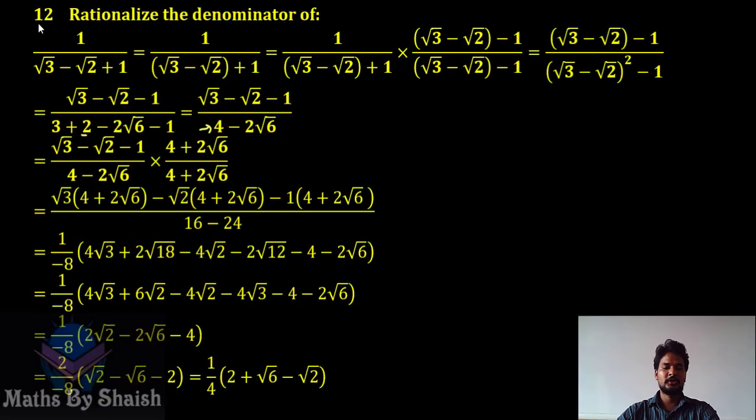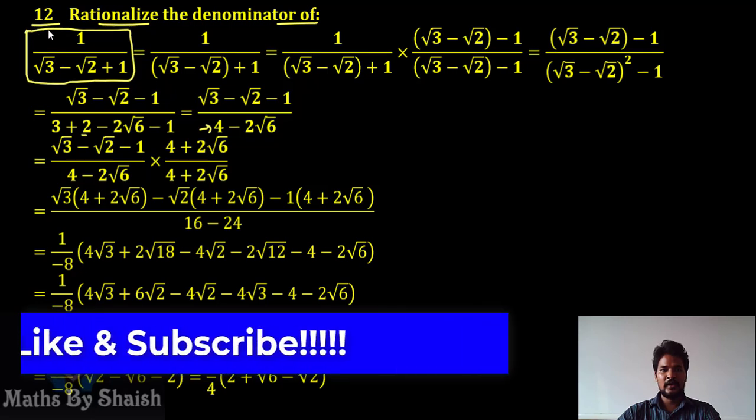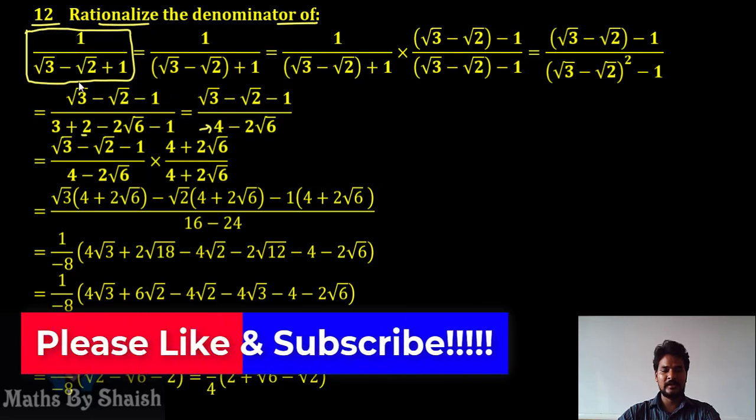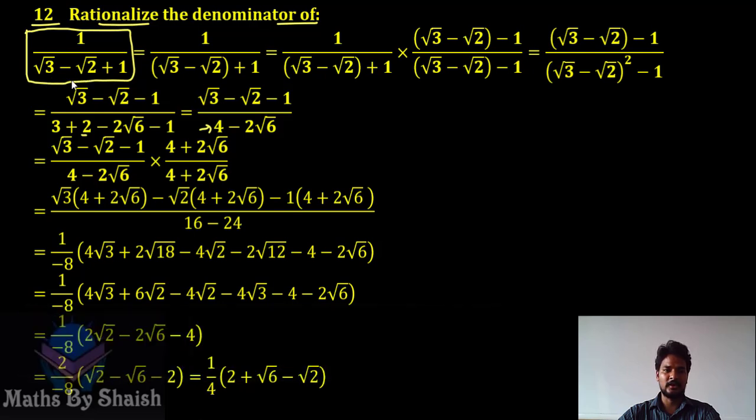And here is question number 12. Rationalize the denominator of 1 over root 3 minus root 2 plus 1. So whenever we have a number like this, where we have two irrational numbers in combination in the denominator, we are going to rationalize it twice to make the denominator rational.